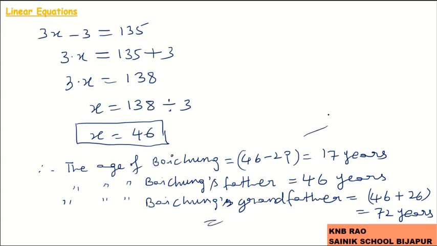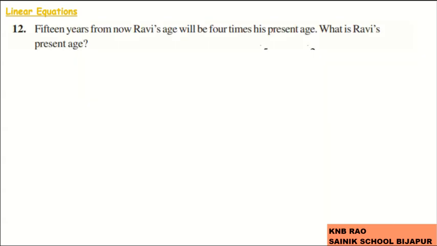Now, coming to the next question, question number 12. In question number 12, 15 years from now, Ravi's age will be 4 times his present age. Then what is Ravi's present age?